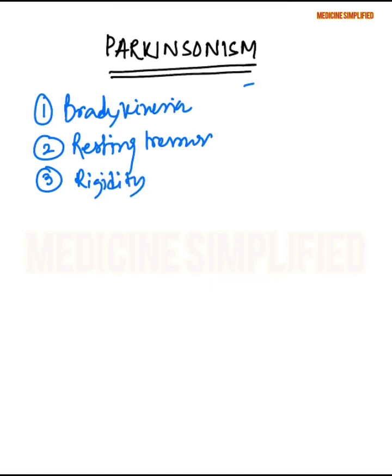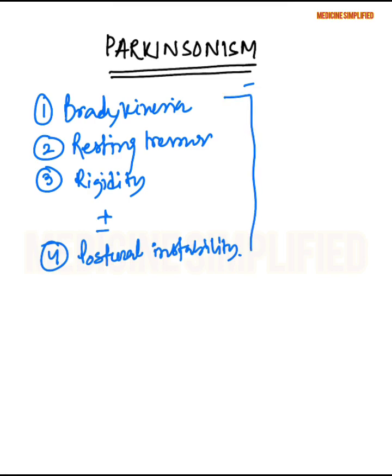There is also a feature you can call plus minus number 4, postural instability. Okay, so there are 4 features: bradykinesia, resting tremor, rigidity, and plus minus postural instability.